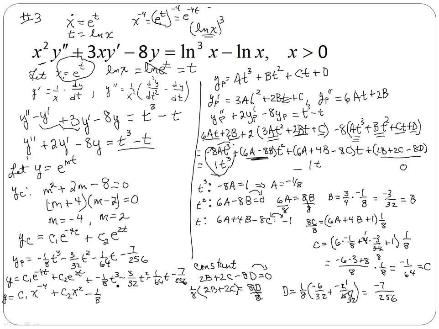Here, t to the third, t in terms of x, you could write that as natural log of x. So this is natural log of x to the third, which you could also write as natural log to the third of x.